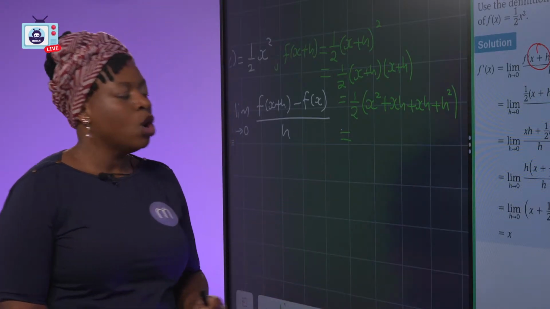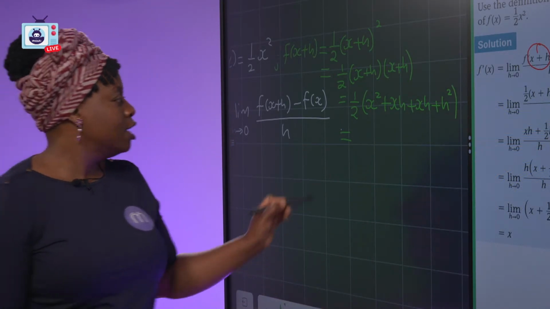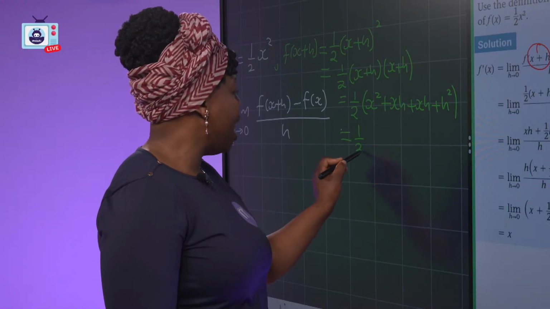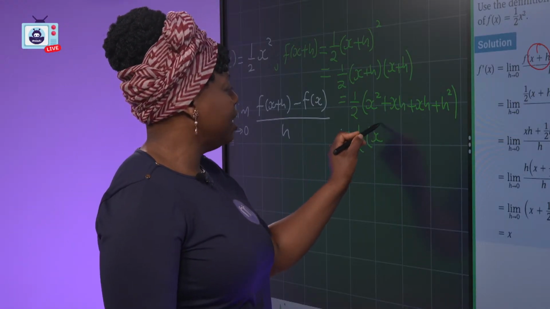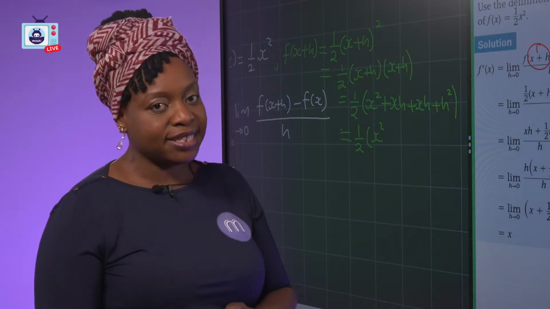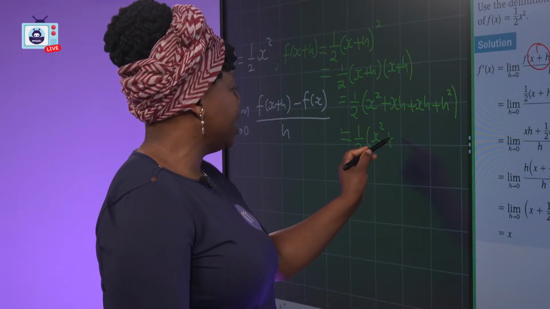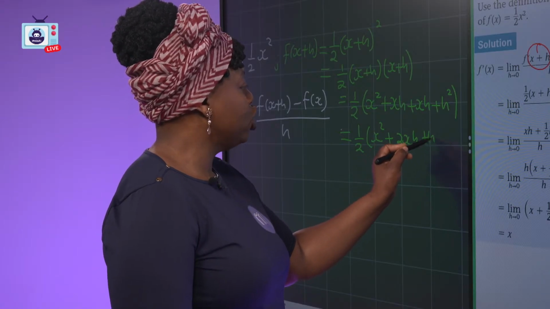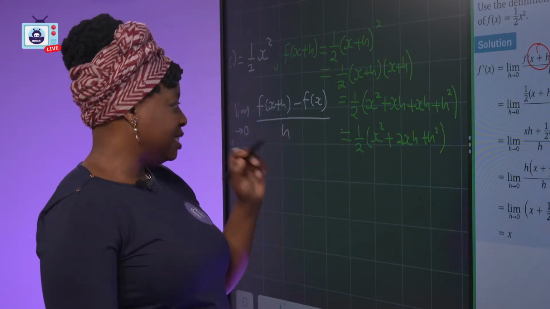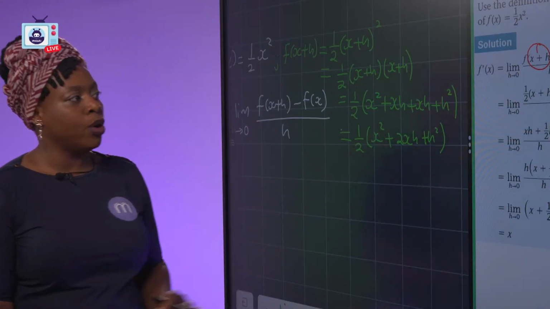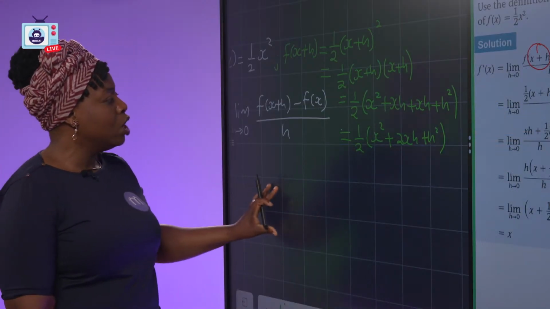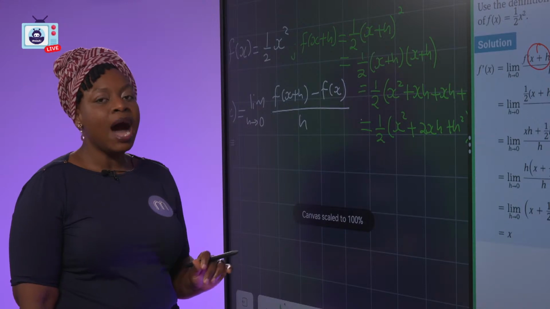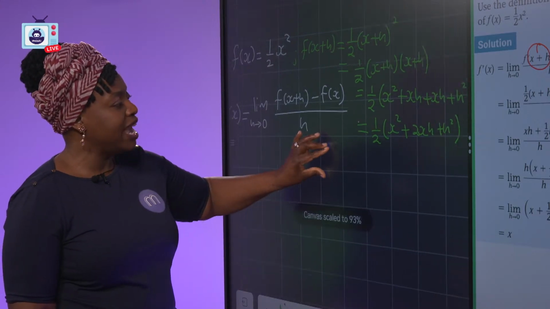We then look for the like terms. So let's do that. We have our half, and our like terms are xh and xh. So when we add them together, we get 2xh plus h squared. Just like that. So this is what we have in terms of our f of x plus h.